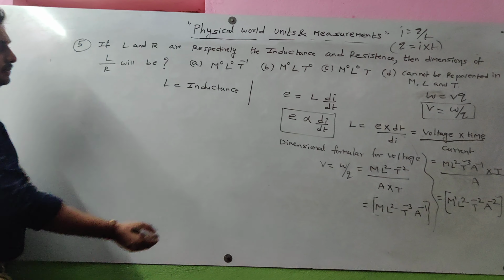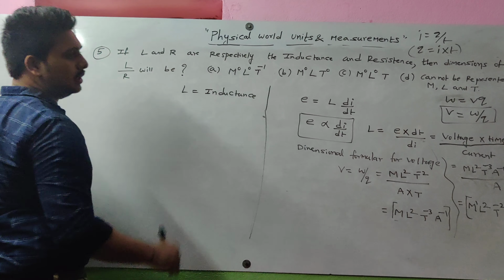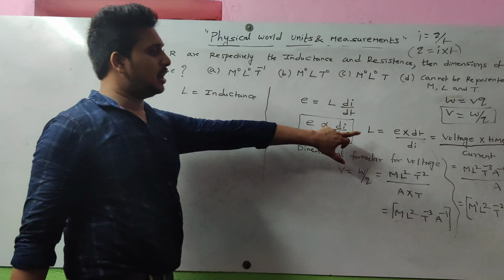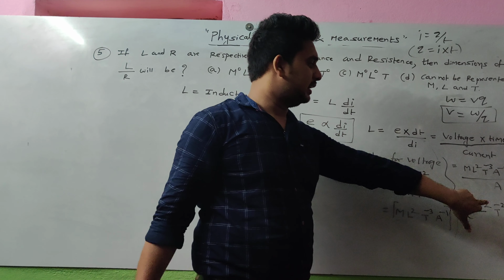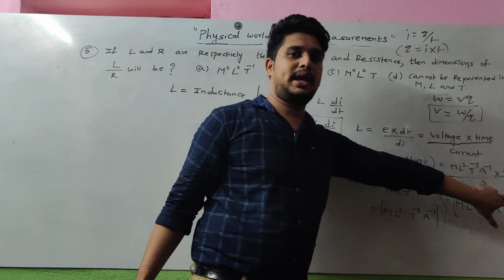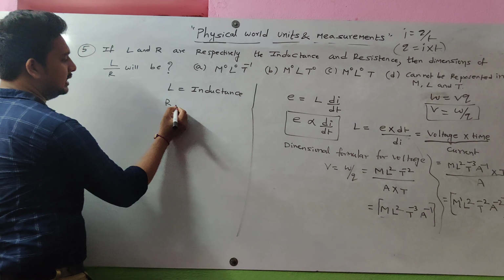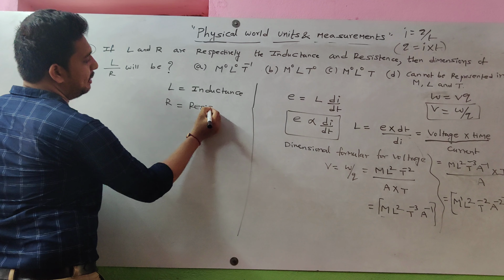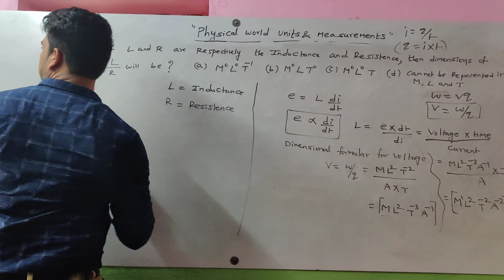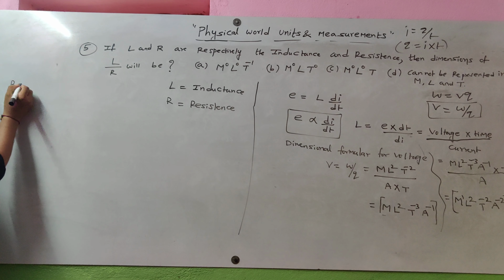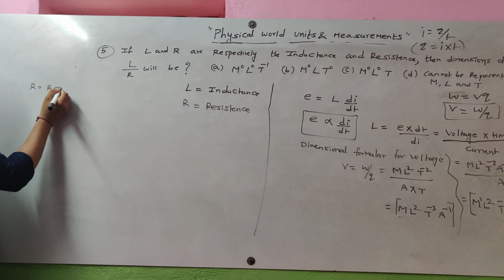So the dimensional formula for inductance is M power 1 L square T power minus 2 A power minus 2. What about resistance? Dimensional formula for resistance. R is equal to resistance.